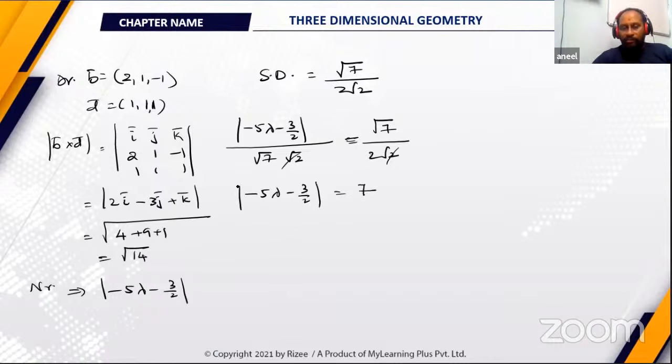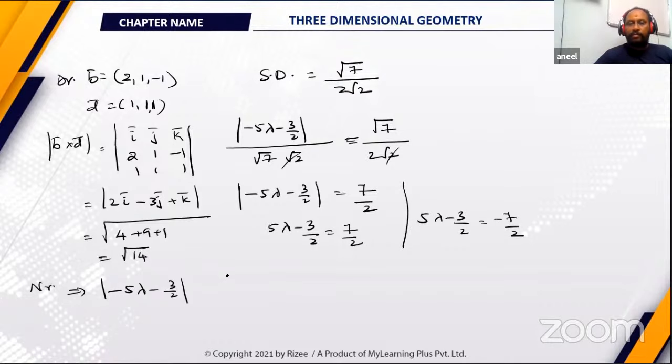Now if we remove the modulus, we come across two cases. 5 lambda plus 3 by 2 is 7, or 5 lambda plus 3 by 2 is minus 7. In the first case, 5 lambda is equal to 10 by 2, which is 5, so lambda is going to give you 1.